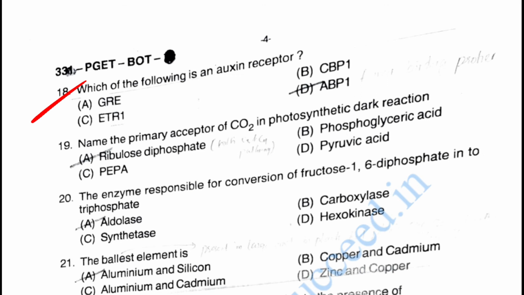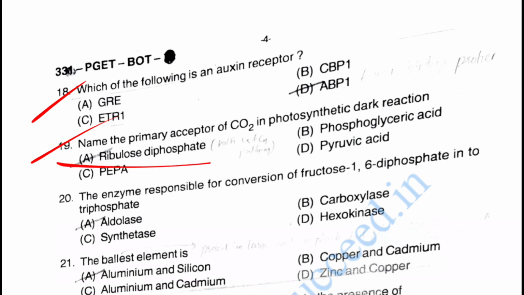Okay. Our next question is, name the primary acceptor of CO2 in photosynthetic dark reaction. Okay. It is asking about the Calvin cycle, that what is the first acceptor, primary acceptor of the CO2. And what is that? The answer is RuBP, ribulose 1,5 bisphosphate, or the diphosphate.